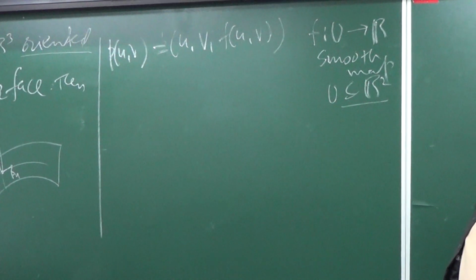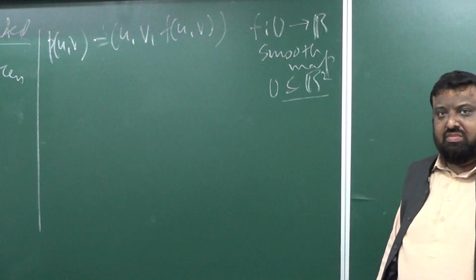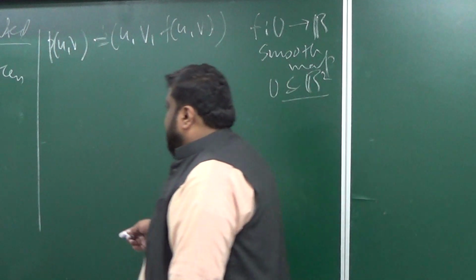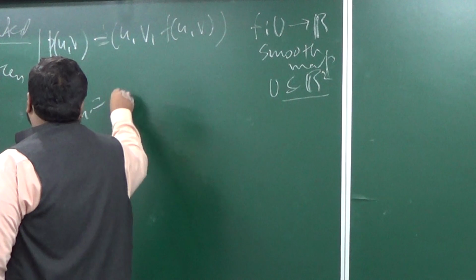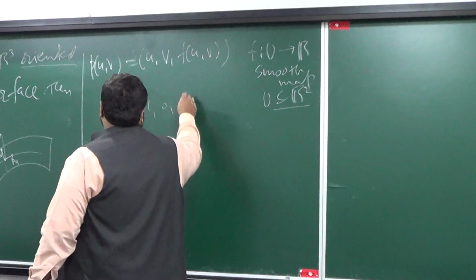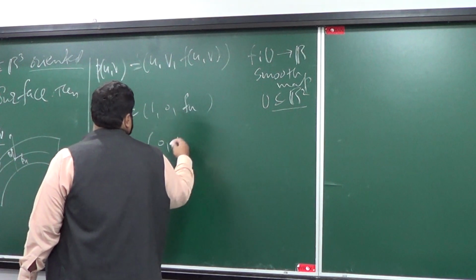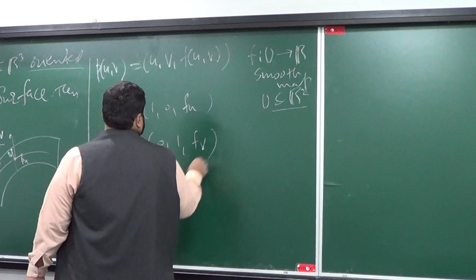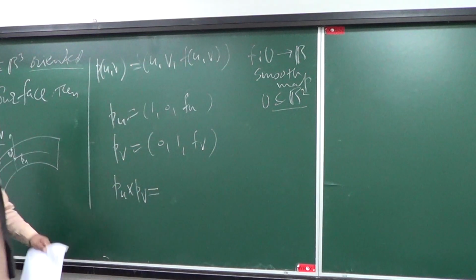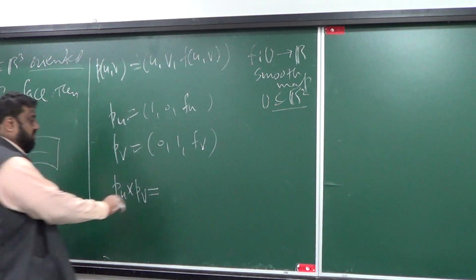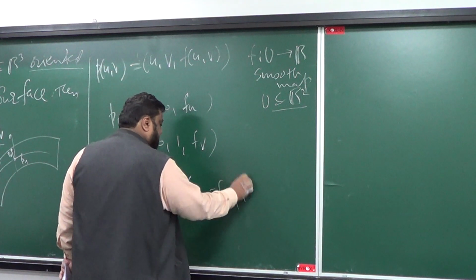Now, what will be the normal over it? So what are you going to do? We can compute it. I can compute Pu is going to be (1, 0, fu) and Pv is going to be (0, 1, fv), and Pu cross Pv can also be calculated. It turns out that it is going to be (-fu, -fv, 1).